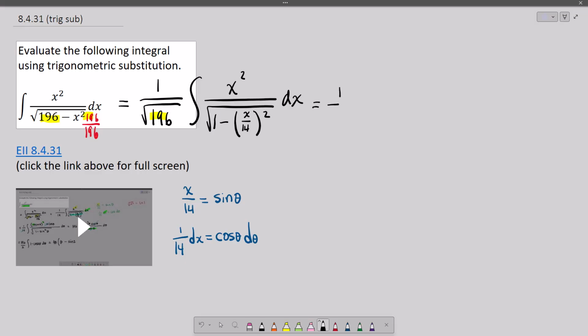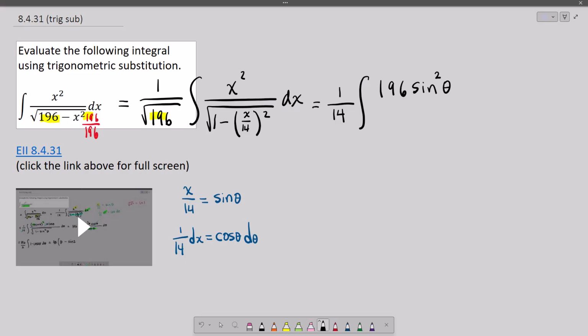All right, so now we have some work to do. For x squared, we look down here, we're going to multiply both sides by 14 and then square both sides to get x squared. So x squared is going to be 196 sine squared of theta.